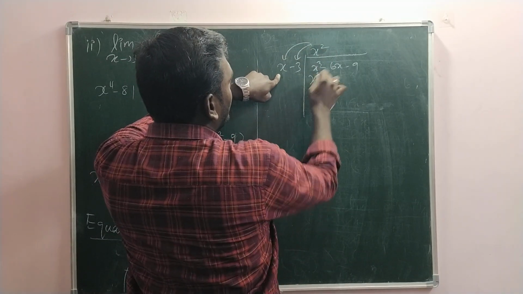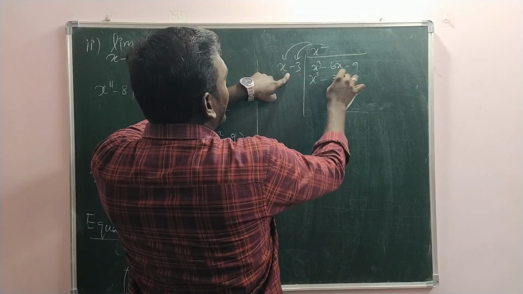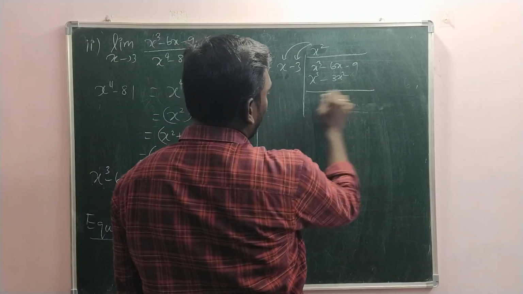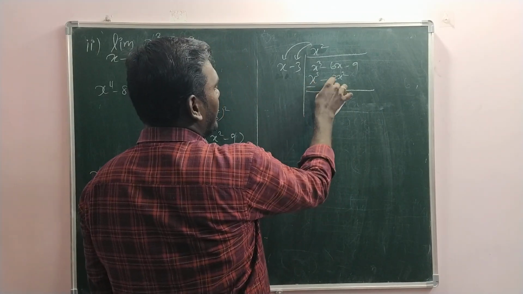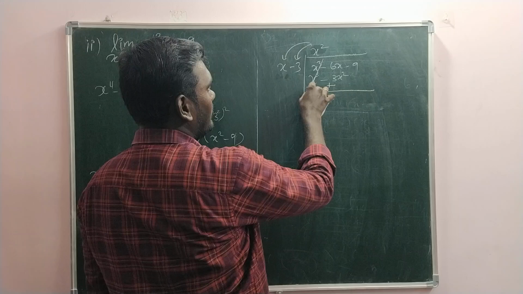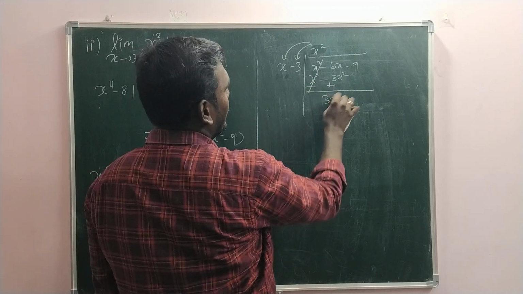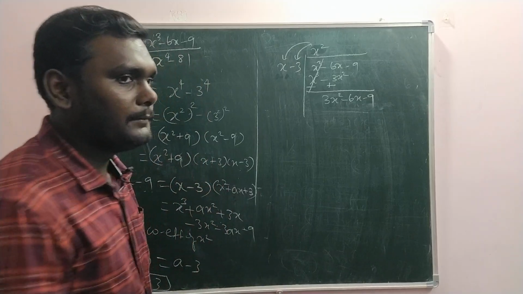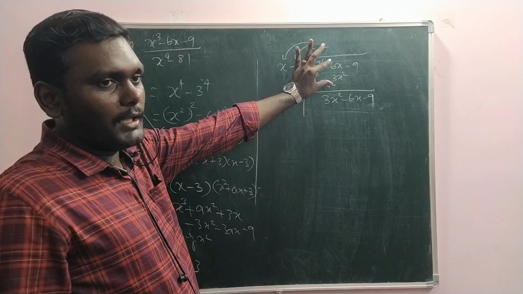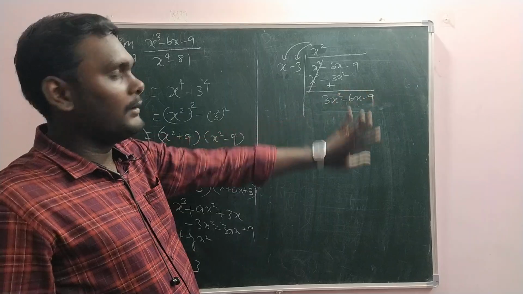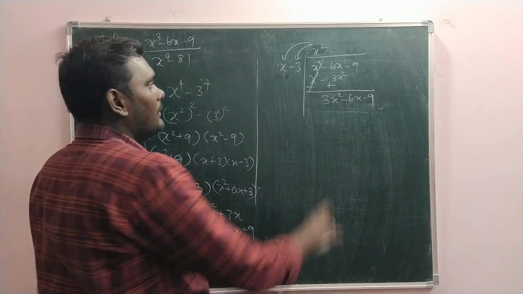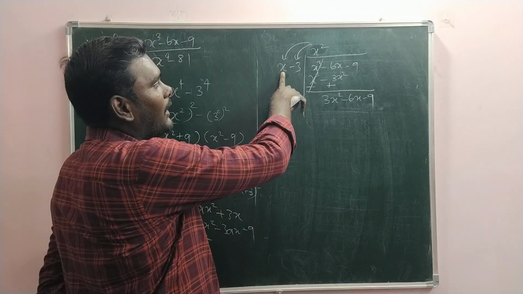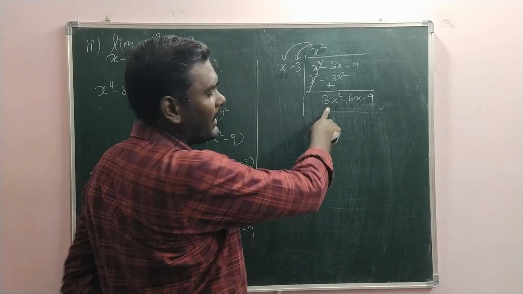So we will get x cube minus 3x square. Alright. And then put alternate signs, minus plus, that means we are subtracting. These two things get cancelled. So remaining 3x square minus 6x minus 9. Because they are not like terms, we cannot add or subtract them. We can simply put plus or minus in between them. Now here 3x square is there. Here only x is there. Then what should be multiplied with x to get 3x square?